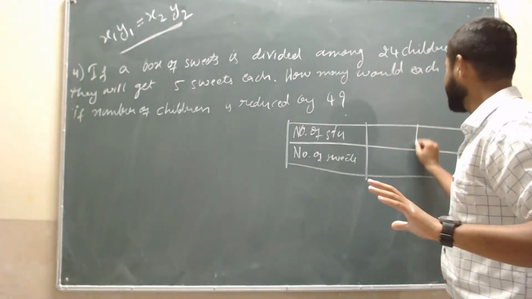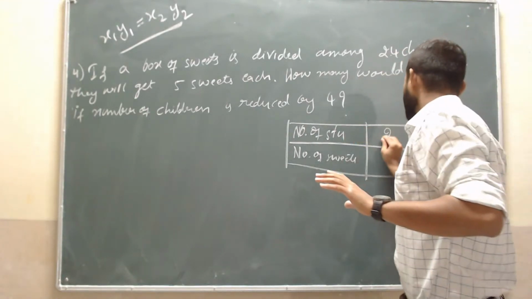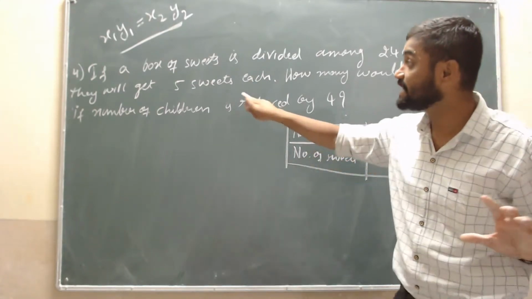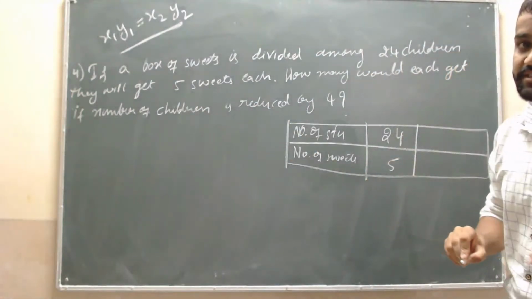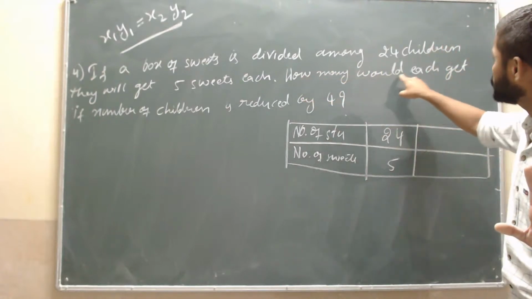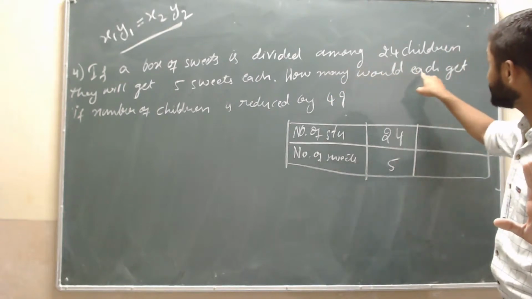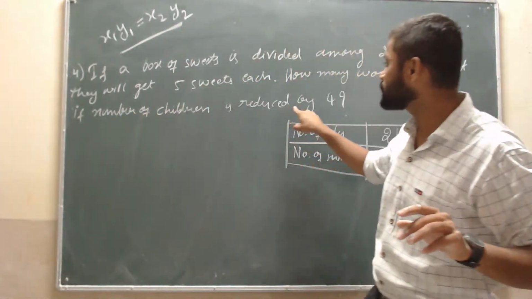Just write it. How many children? That is how many students? 24 children. And number of sweets, how many will they get? 5 sweets each. Then continue the question. How many would each get if the number of children is reduced by 4?